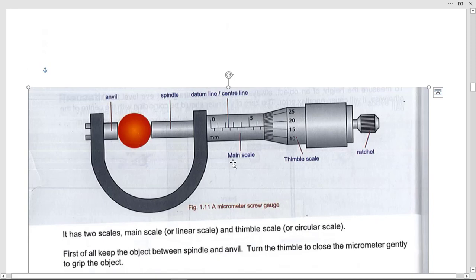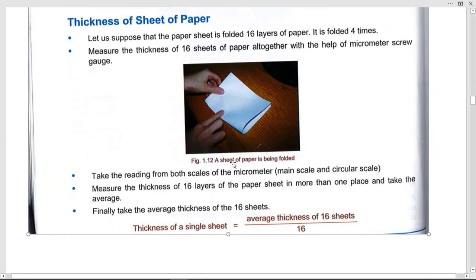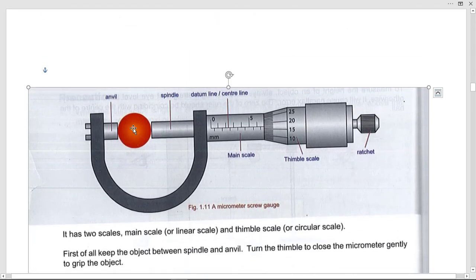In IGCSE, GCSE, O level, you will find this type of question, so no need to worry, it's very simple. Sometimes they're going to ask the thickness of a sheet. Now if you are going to find the thickness of one sheet, it will be quite difficult, because sometimes if you are using the micrometer screw gauge and you put the paper here, maybe you are going to press this screw from here, it will press the thickness also.